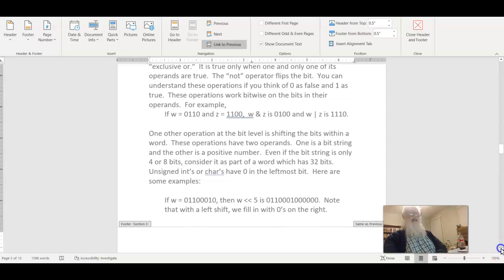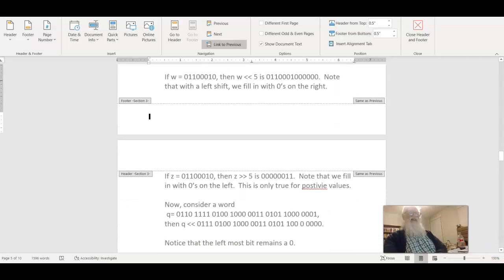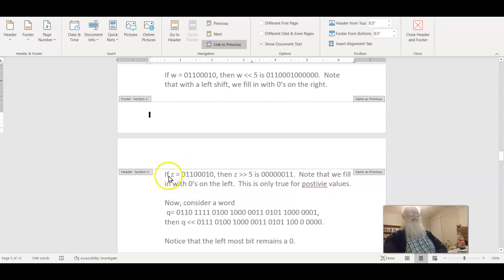When we're shifting left, for us, we will probably be filling in with zeros. However, we have to be careful. That's only true for positive numbers. The way the computer represents a negative number is it puts a 1 in the last place, the leftmost bit.